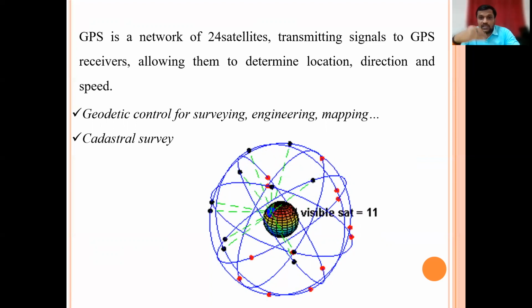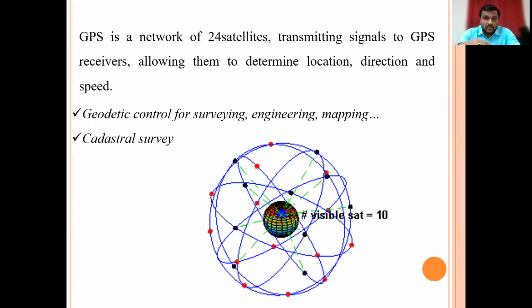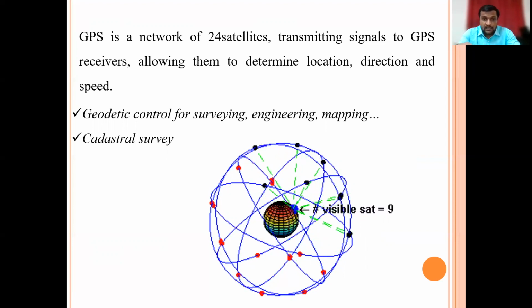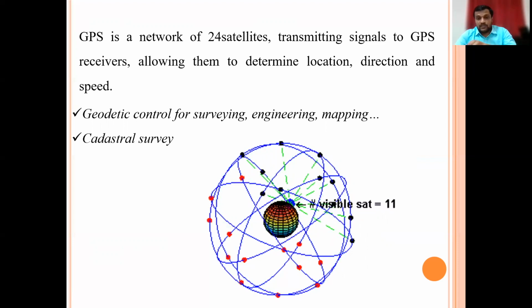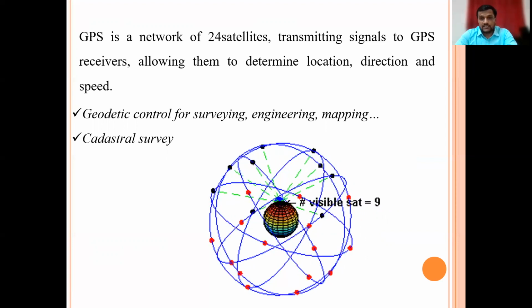That helps us to determine the location, the direction, and the speed. Such information is very useful for geodetic control, in surveying, in engineering and mapping practices, and the information gathered by the GPS receiver is also used for cadastral surveying and cadastral mapping.